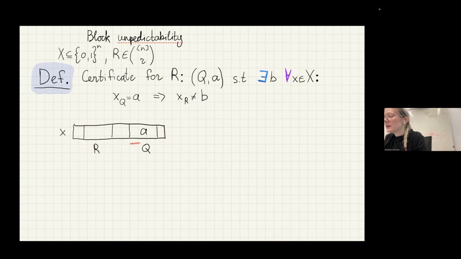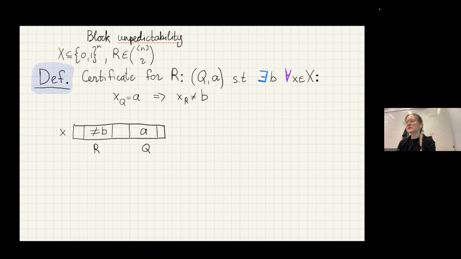If just looking at this part, I can exclude something from the support of this. So this means that there exists some B such that for every X in my set, if I see this part here, then I know that this is certainly not equal to B. So for one-bit unpredictability, a certificate helps us to exclude a possibility of a bit being something, like we excluded 0 or we excluded 1 from our options.